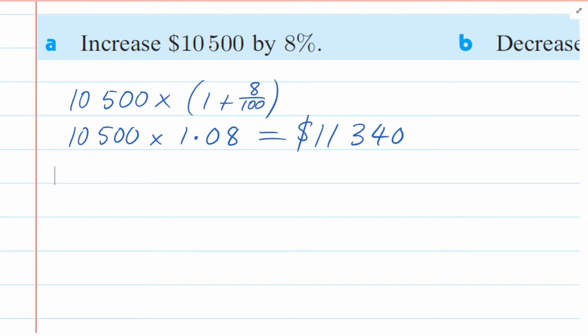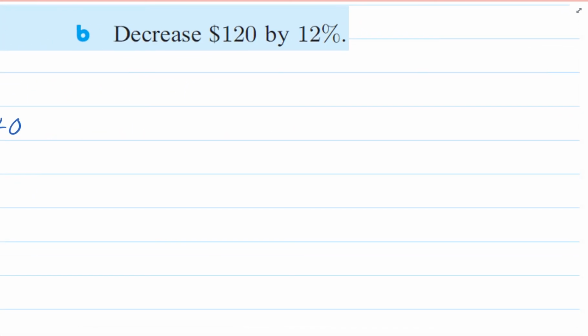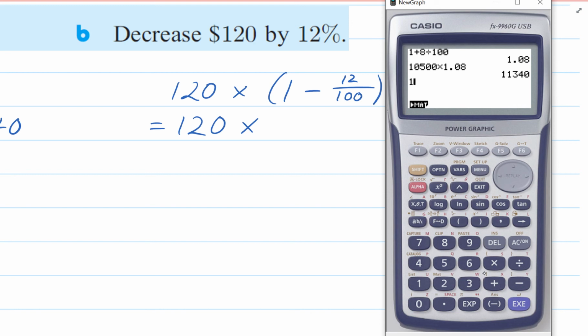Okay, I'll look at percentage decrease very quickly as well. So if we're decreasing 120 by 12%, then we'd be timesing it by 1 minus 12 over 100. And so we could write that as 120 times, well, let's look at what 1 minus 12 divided by 100 is, 0.88.